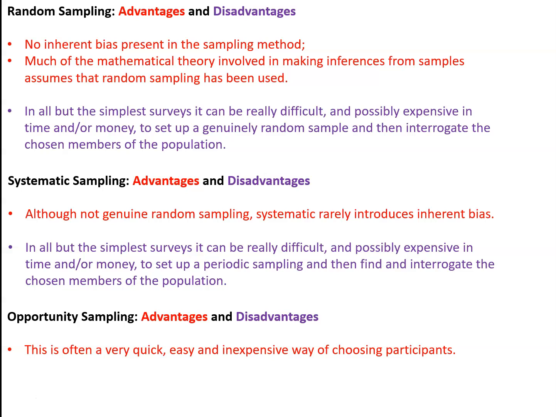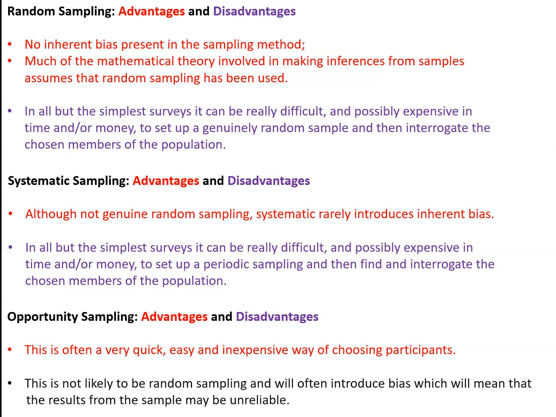Opportunity sampling is often a very quick, easy, and inexpensive way of choosing participants, but it's very unlikely to be genuinely random sampling, and thus is very likely to introduce bias, which will mean that the results from the sample may be unreliable.